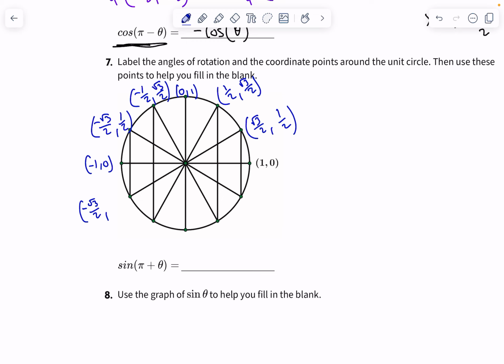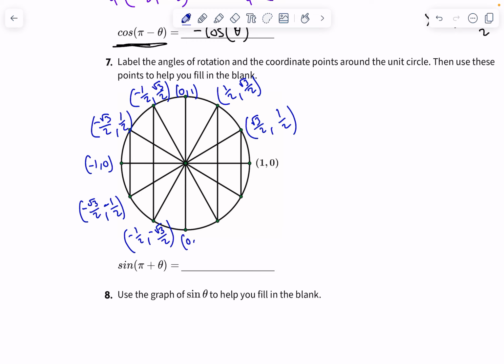But my y-coordinate becomes what? My sign is now going to be negative. Good. This is kind of what I want you to start thinking about, right? Now here, my x-coordinate still stays negative, and my y-coordinate is now going to be what? Negative, right? So this is negative square root 3 over 2.